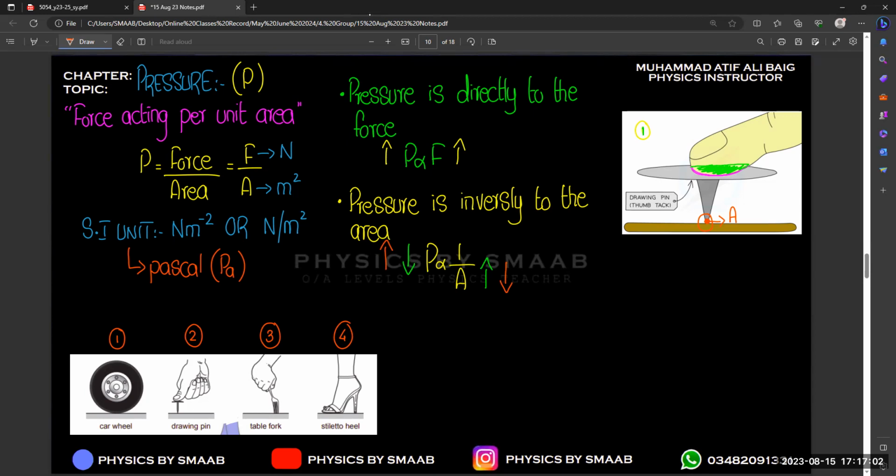If someone is wearing a heel and walks on the beach, the heel will sink into the sand, because the pressure is greater, because your surface area is very small. That's why we usually wear flat slippers on the seaside, to decrease the pressure. Otherwise, with pointed shoes, your heel will sink into the sandy surface.